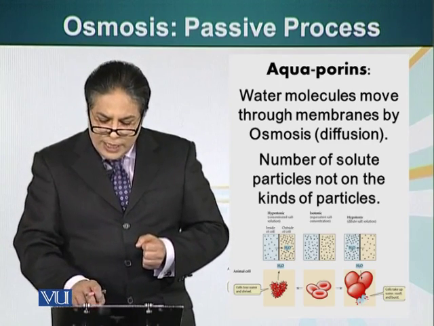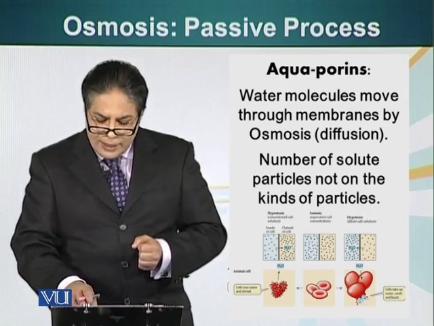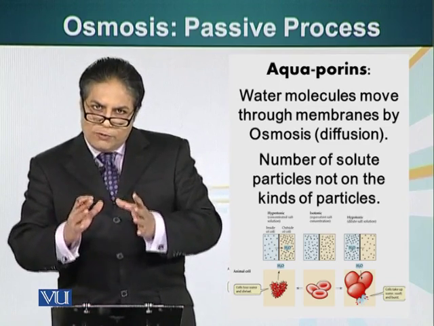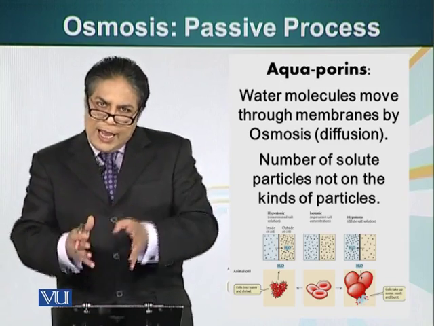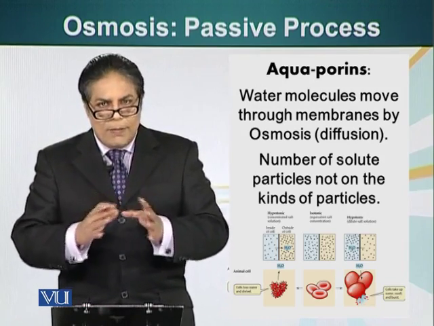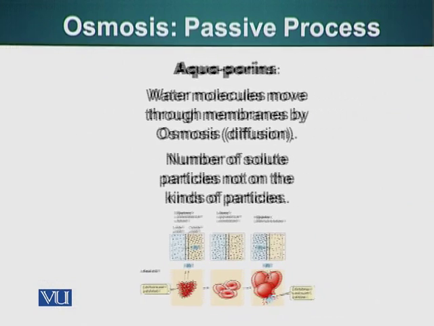If we put the same type of cell in a solution which has the same number of salt molecules and water molecules outside the cell as they are inside the cell, there will be no change in the cell.